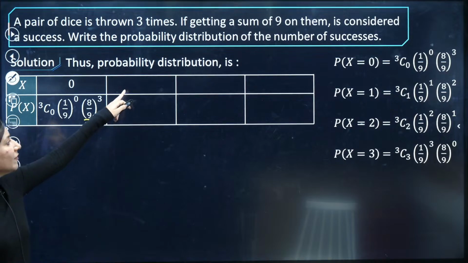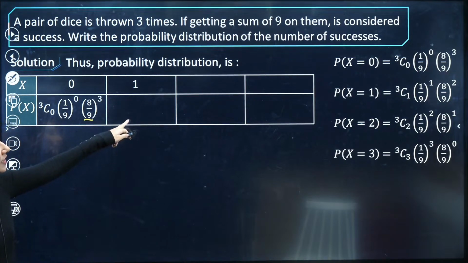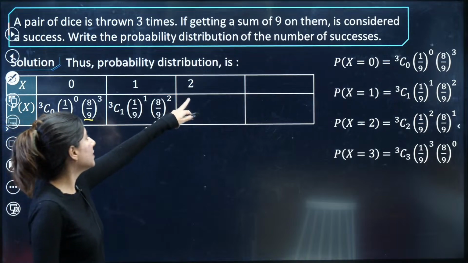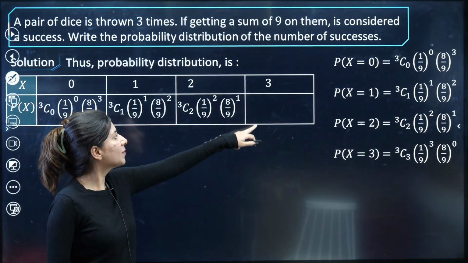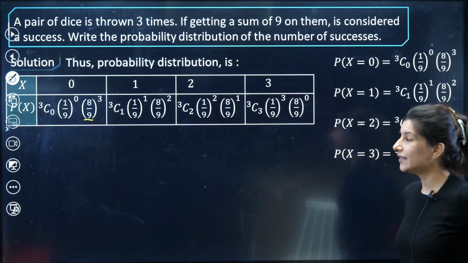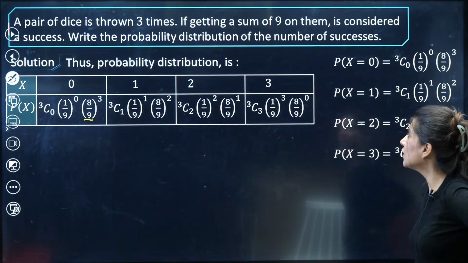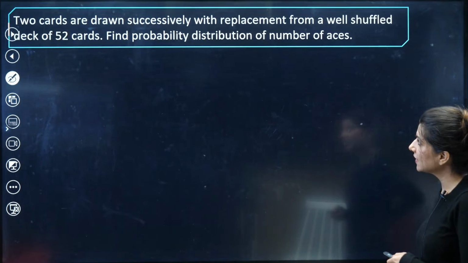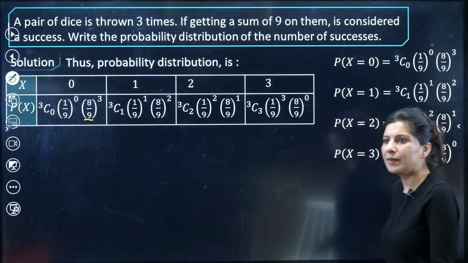When my random variable is 1, my probability is 3C1, 1 by 9, 8 by 9 square. When my random variable is 2, this is my probability. When my random variable is 3, this is my probability: 3C3, 1 by 9 cube, 8 by 9 raised to power 0. Alright? So this is the probability distribution.